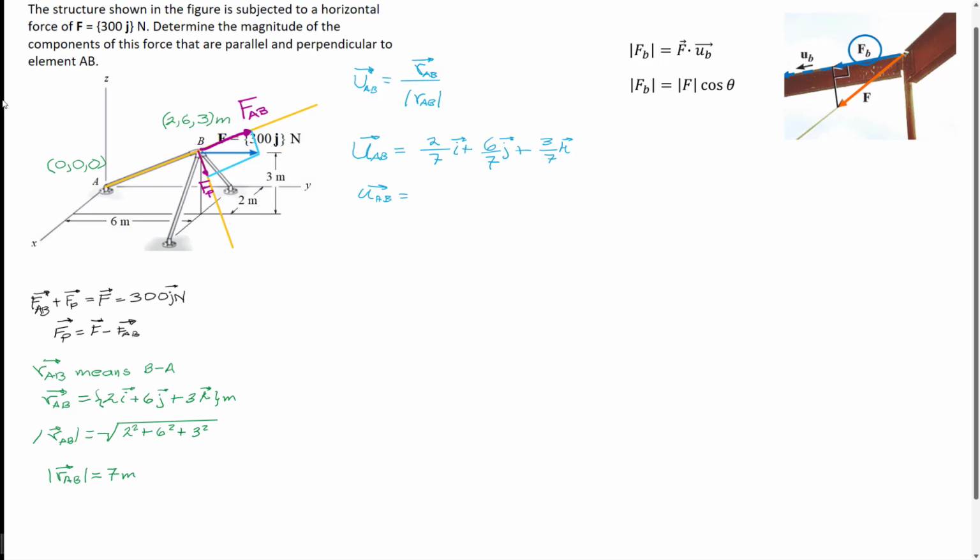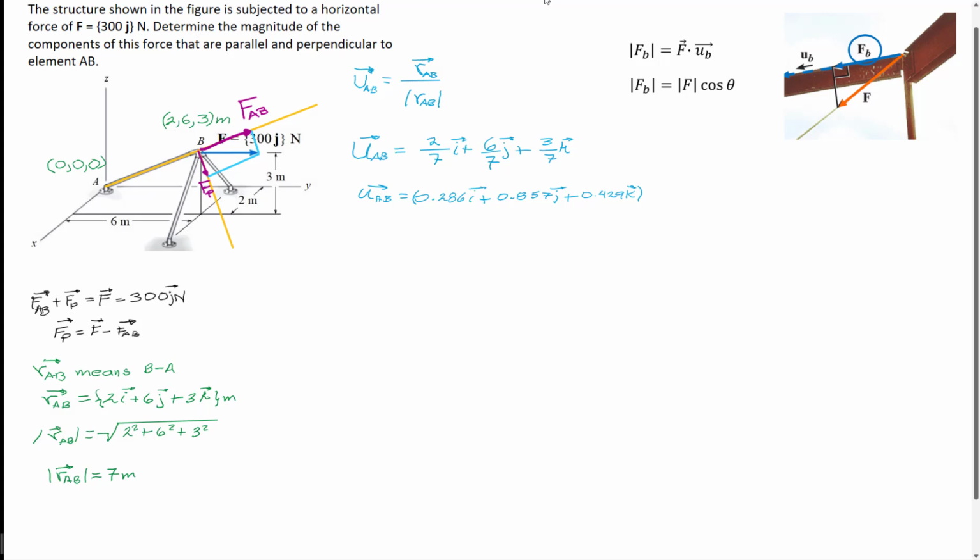So it's equal to 0.286 i plus 0.857 j plus 0.429 k. And remember that the unit vector is unitless.